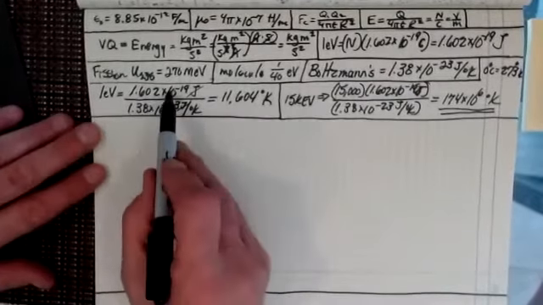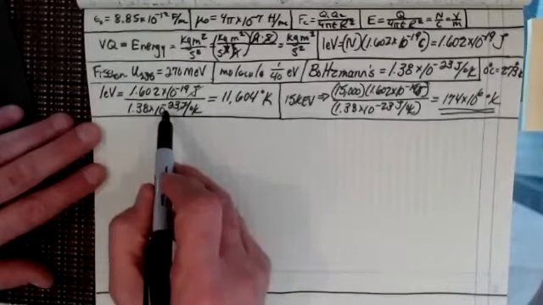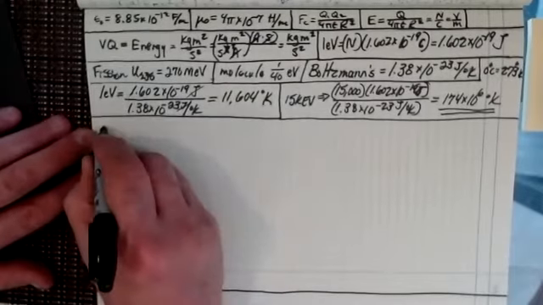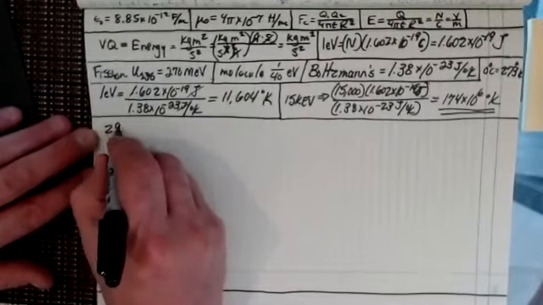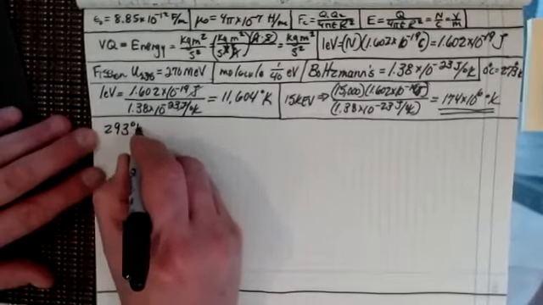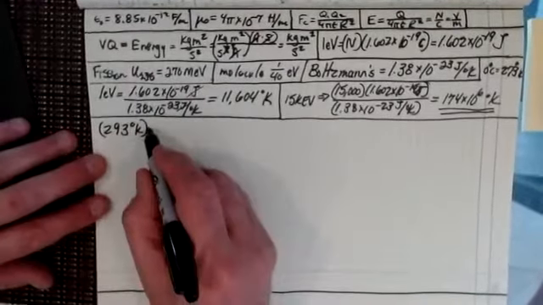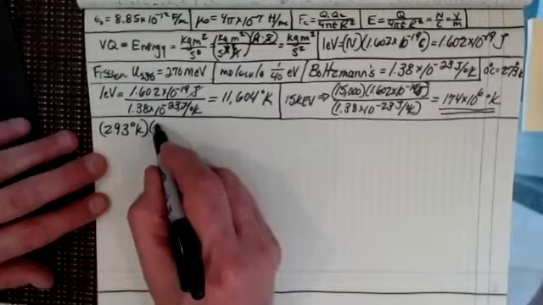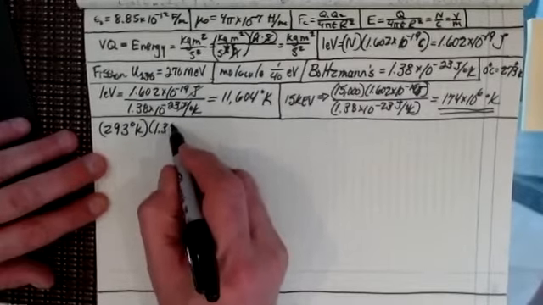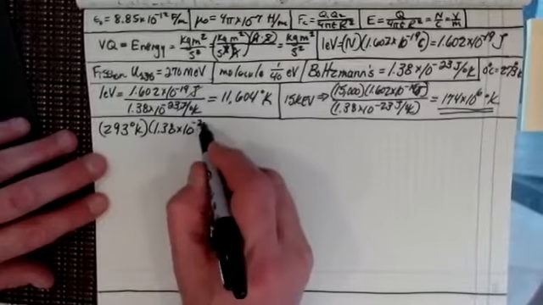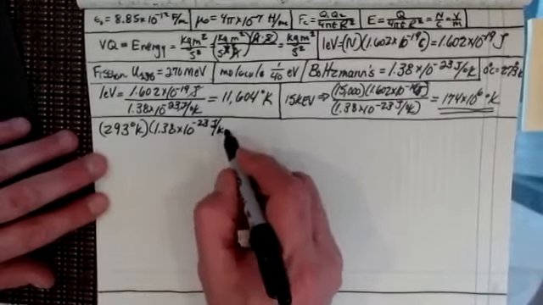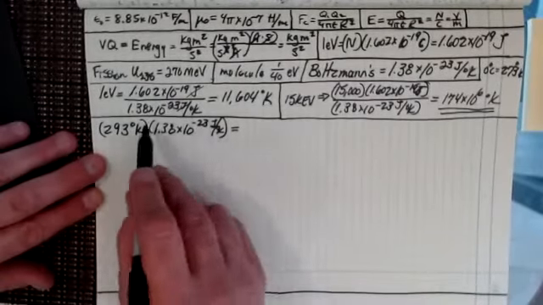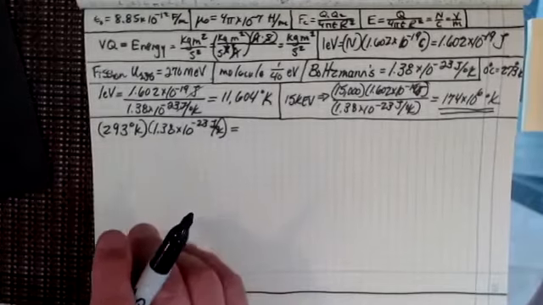So if we've got that divided by Boltzmann's constant, we know that the temperature of the atoms in the atmosphere is about 293 degrees Kelvin. And if I multiplied that by 1.38, Boltzmann's constant, times 10 to the minus 23 joules per degree Kelvin, wouldn't the degrees Kelvin then cancel out? And that would actually tell me how many joules I had there.